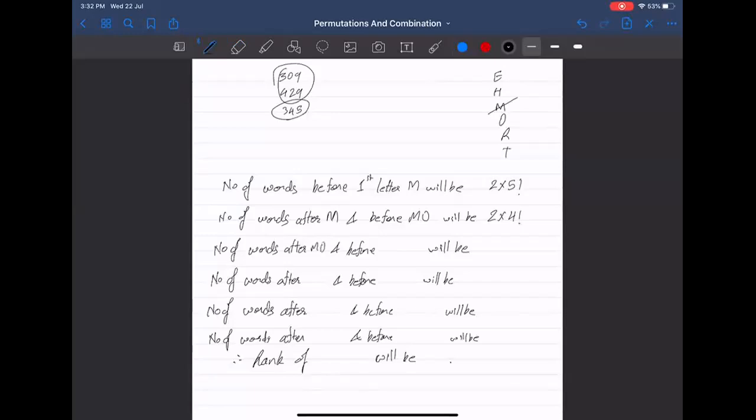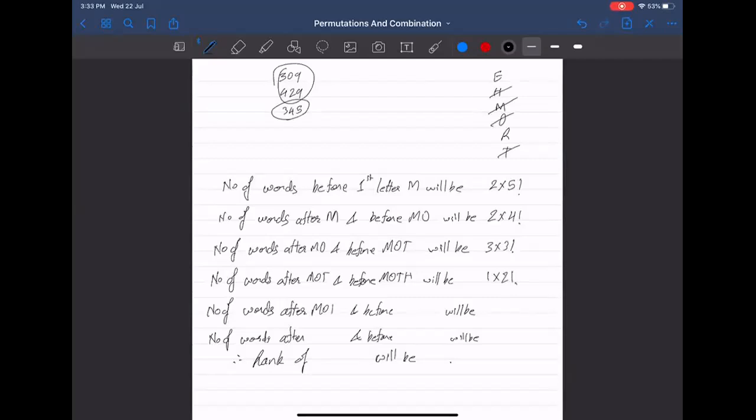Then after MO and before MOT, एक मिनट, मैंने क्या नहीं उड़ाया, 0 नहीं उड़ाया. So that will be 3 into 3 factorial. Then MOT और MOTH के बीच में, मैंने 3 नहीं उड़ाया. So it will be 1 into 2 factorial.